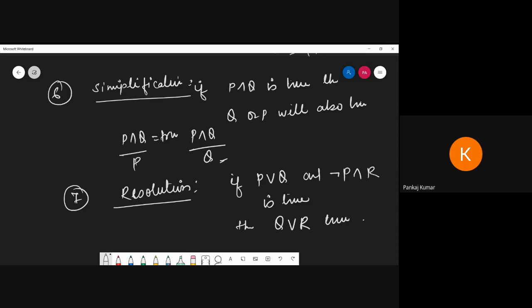So in the inference rule, Wumpus. In the previous class in KB agent, what did we discuss? Wumpus game. So we have to play this game on the basis of inference.